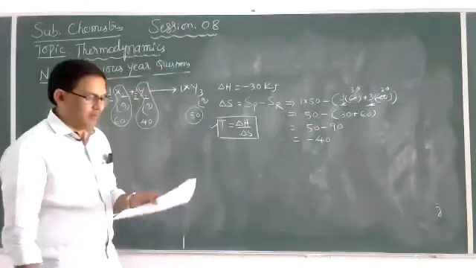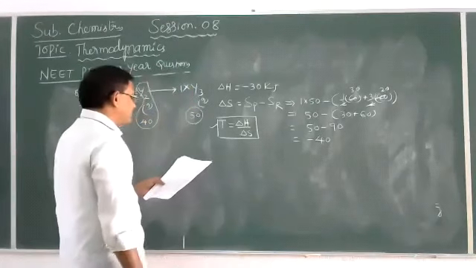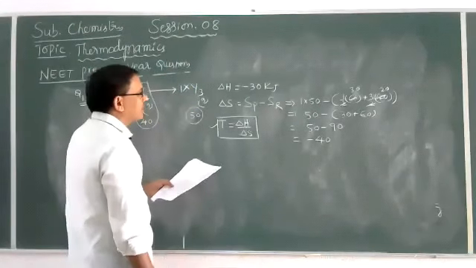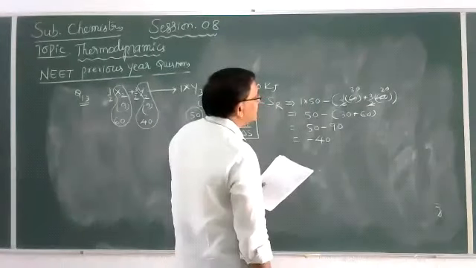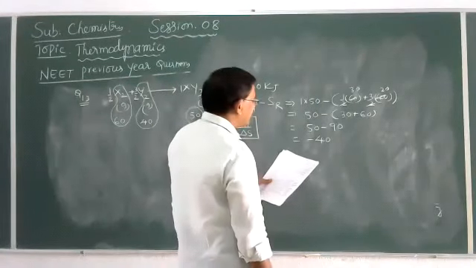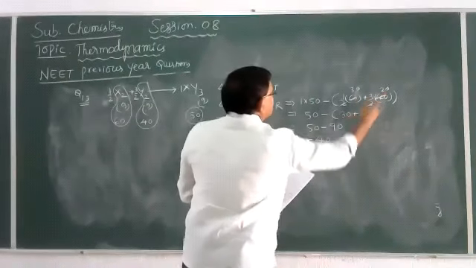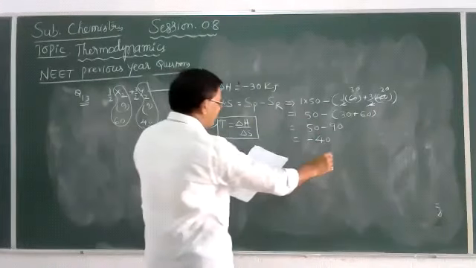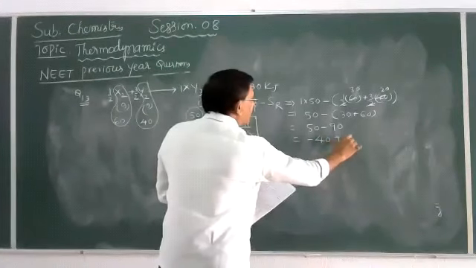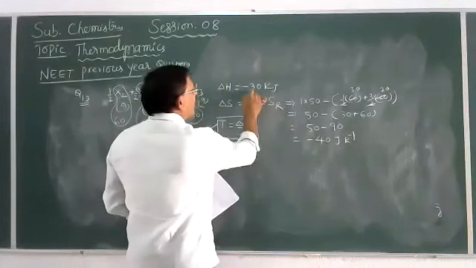That is the delta S value, in joules per Kelvin.